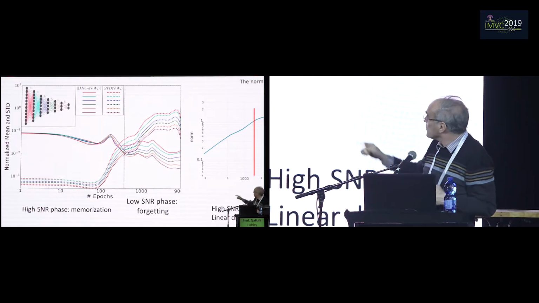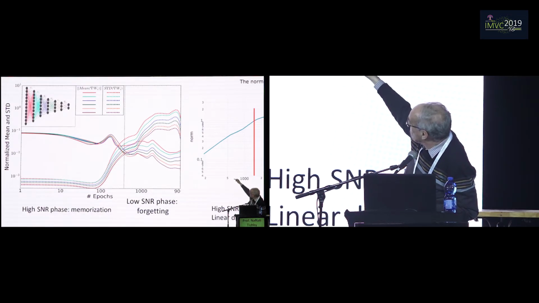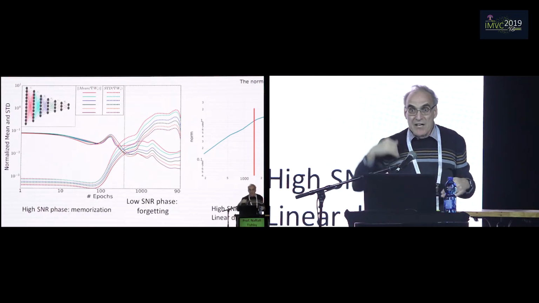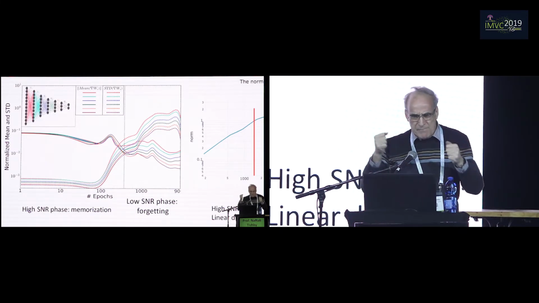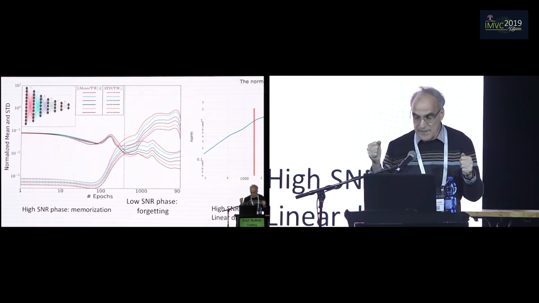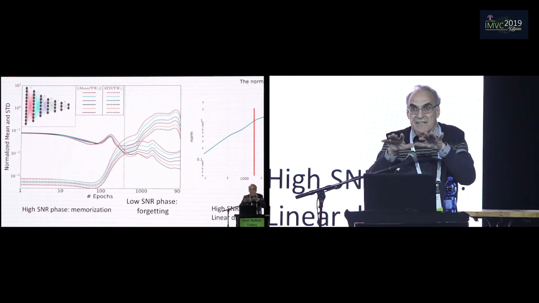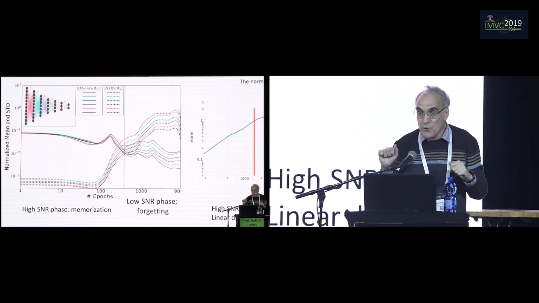But from this point, you see the standard deviation, which are those broken lines, compared to the mean, this is a log-log plot, becomes much larger, which means I'm talking about very noisy gradients. And these noisy gradients are due to the mini batches and many other things that we do in the stochastic gradient descent. And eventually, during this phase, the weights start to diffuse, move like random walks, mainly random walk.